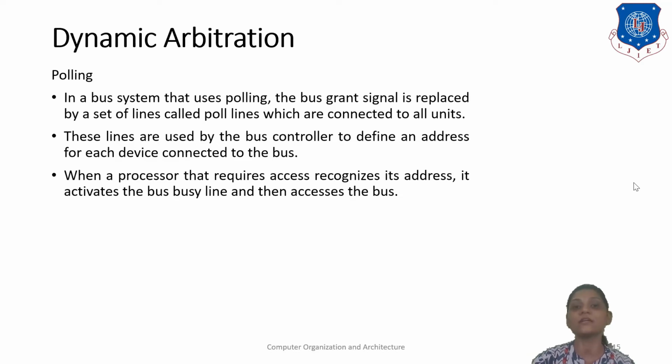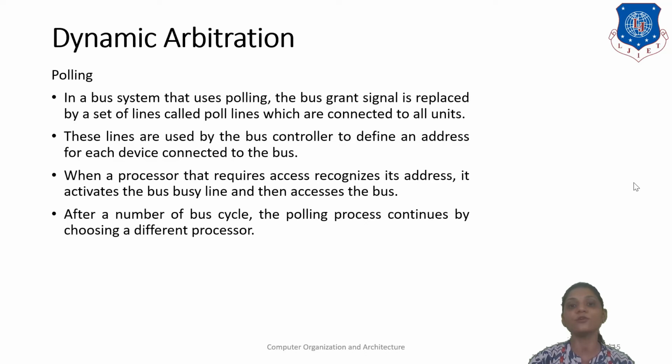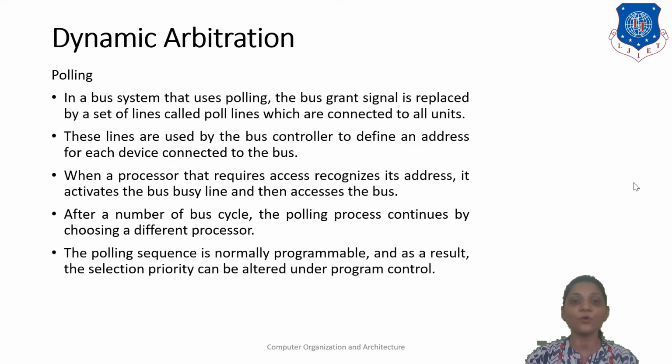When a processor that requires access recognizes its address, it activates the bus line and then accesses the bus. After a number of burst cycles, the polling process continues by choosing different processors. So turn by turn, each processor will be polled and can transmit. This polling sequence is normally programmable, and as a result, the selection priority can be altered at runtime.